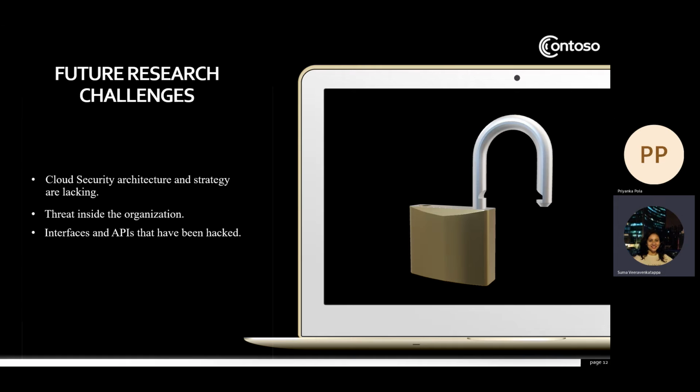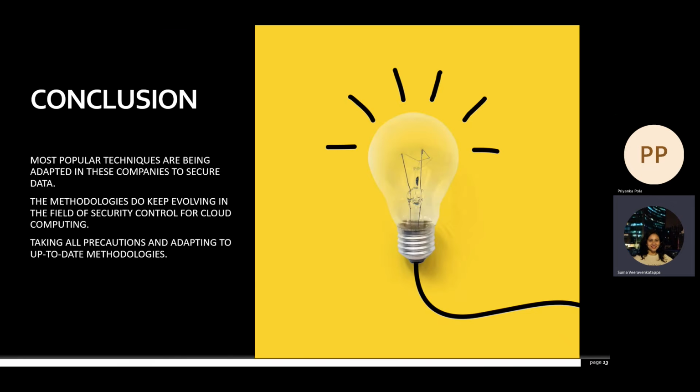I keep seeing a lot of articles that talk about interfaces and APIs being hacked, so organizations should pay more attention to such cases. I think those are some of the future research challenges. Probably everyone should pay attention in order to have better and safer information systems.